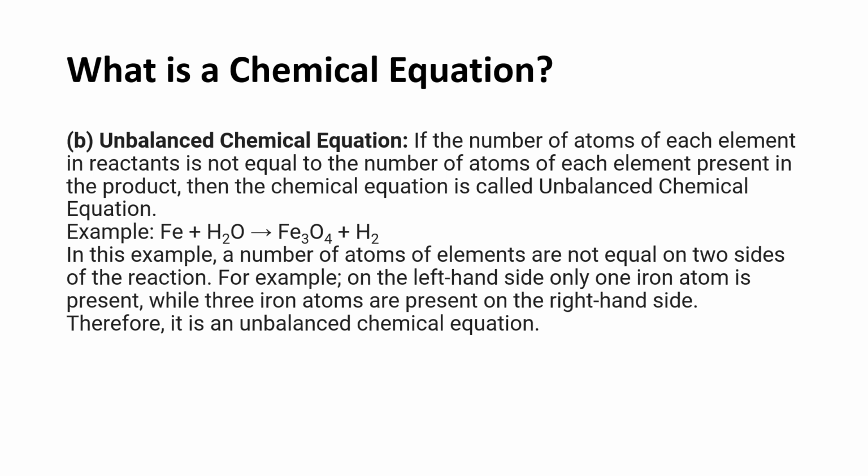In this example, the numbers of atoms of elements are not equal on the two sides of the reaction. For example, on the left hand side, only one iron atom is present, while three iron atoms are present on the right hand side. Therefore, it is an unbalanced chemical equation.